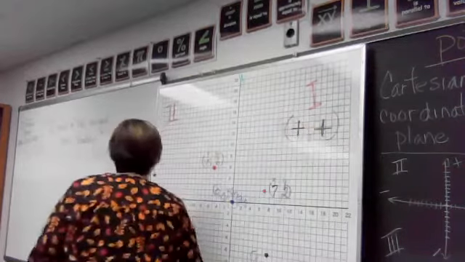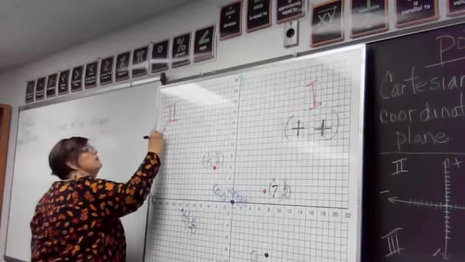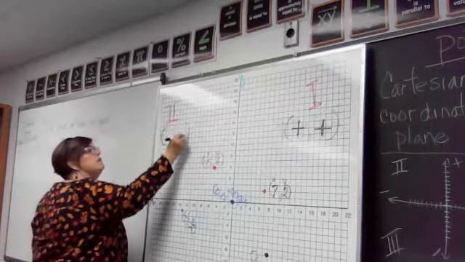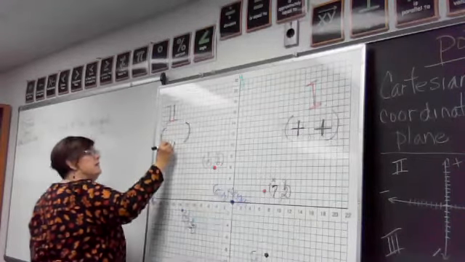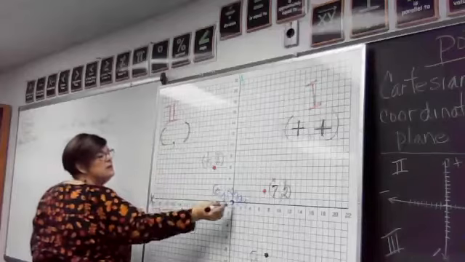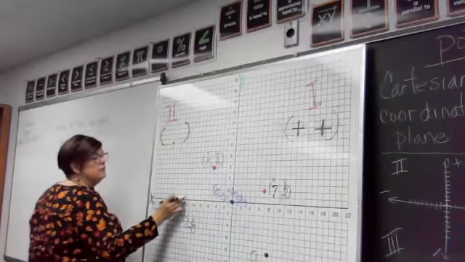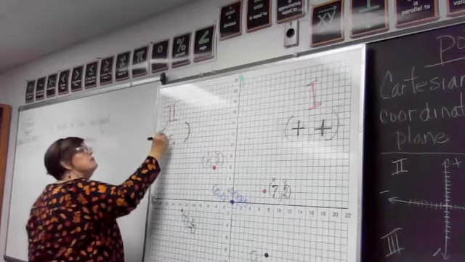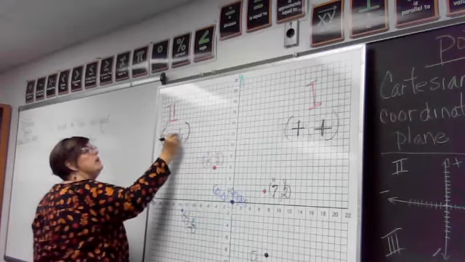So quadrant 2, what would we tell them? It would be negative, wouldn't it? Negative and positive, because anything up here in quadrant 2 is going to be a negative direction and then a positive direction. So we have negative and positive.